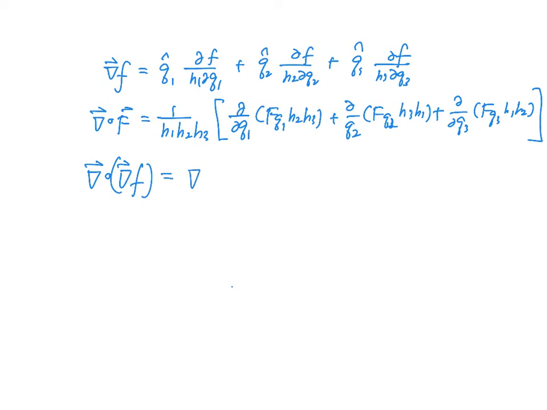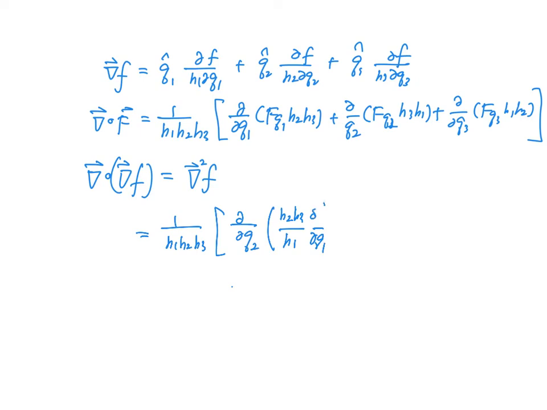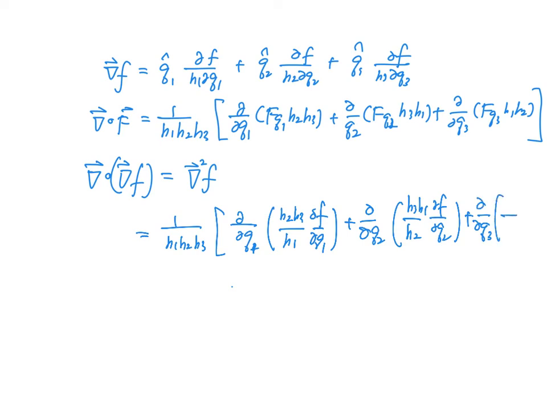So sometimes it is written as Laplacian F. So you just substitute this: 1 over H1 H2 H3, partial Q1, H2 H3 over H1, partial Q1 partial F, plus partial Q2, H3 H1 over H2, partial Q2 partial F, plus partial Q3, H1 H2 over H3, partial Q3 partial F. That's your expression.